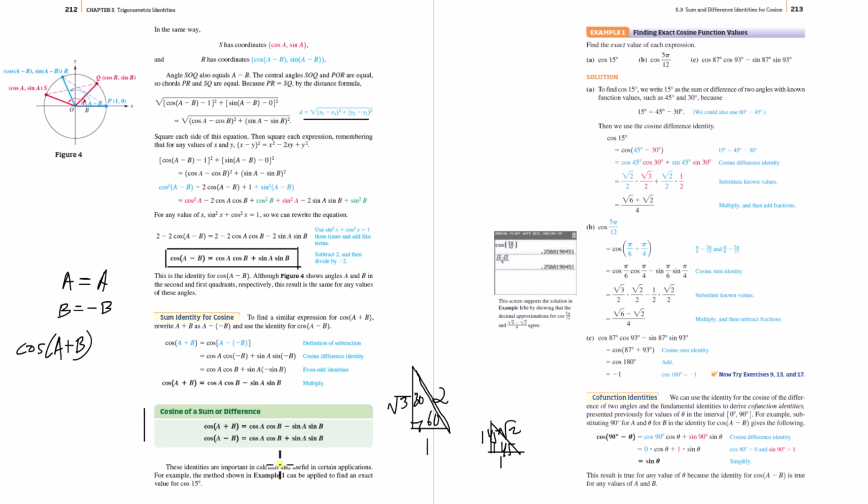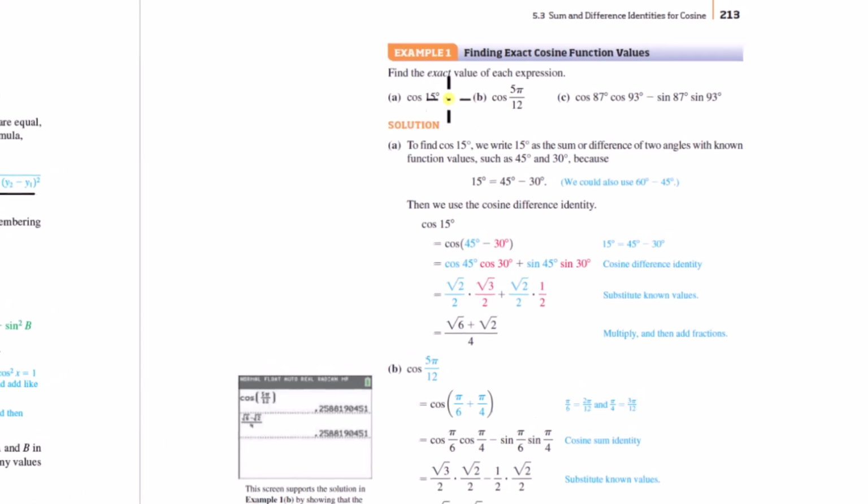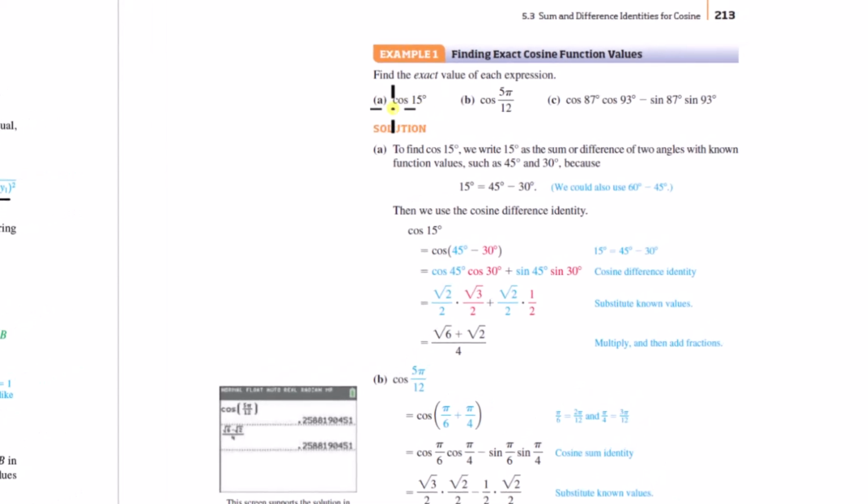Because sine of 30 is opposite over hypotenuse, 1/2. But now with the sum and difference identities for cosine, that opens the door to find exact values of other angles outside just the special angles. So they say, okay, here, what is cosine of 15 degrees? So you can write 15 as 45 minus 30.